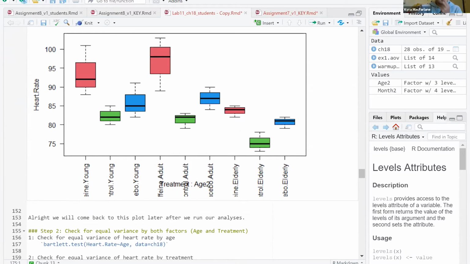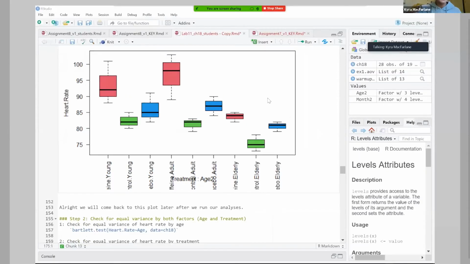Can you see this like screenshot? Are you showing it right now? Yeah, hold on. Let me try maybe a new share then. Okay, now can you see it?